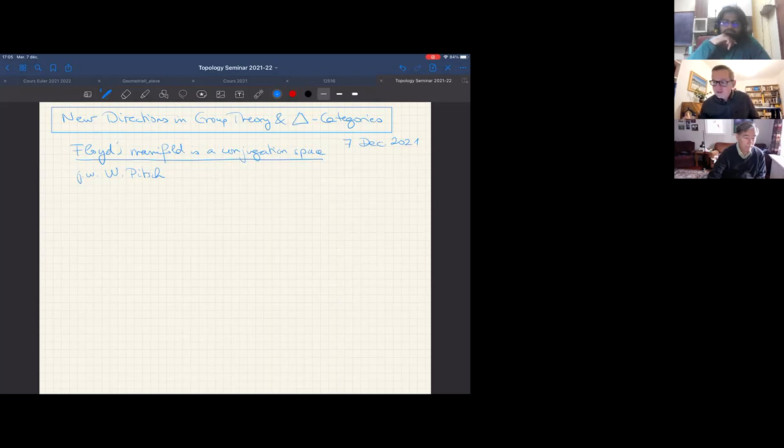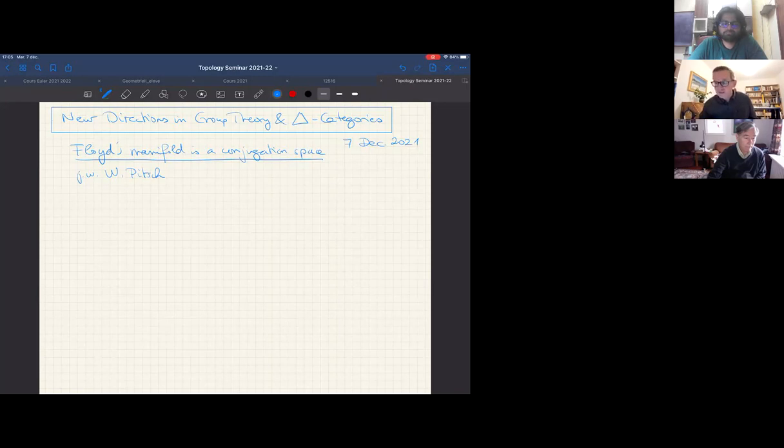So my plan is to start with a presentation of what conjugation spaces are, as Jean-Claude, who is there, has introduced them, and they've been studied by other people also in the audience. And then I will explain also how to look at them from another point of view, from stable equivariant homotopy theory.